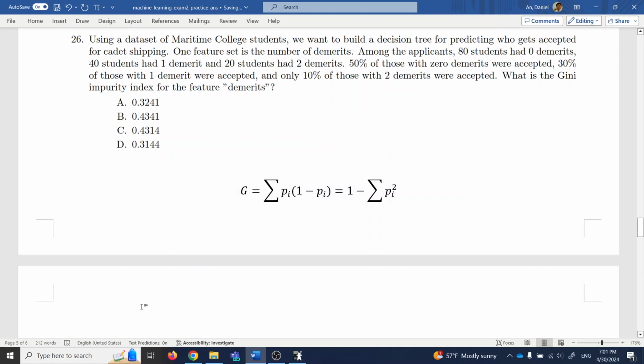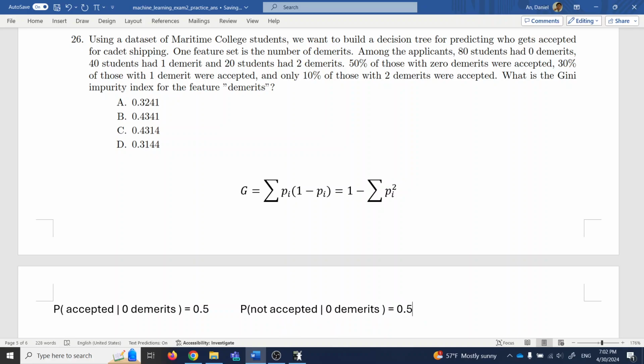So let's start with 0 demerits. What is the probability of being accepted under 0 demerits? Well, that probability is 50%, 0.5, and therefore the probability of not being accepted is also 0.5.